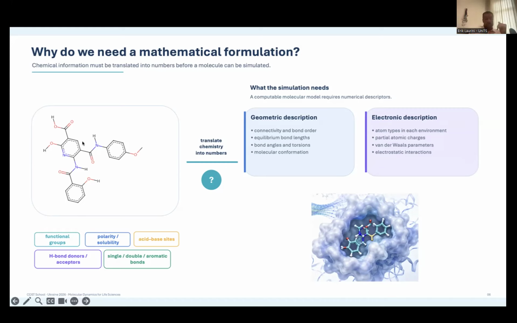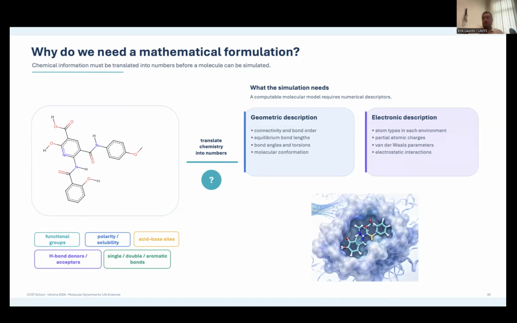You are also able to discern between a single bond and an aromatic or a double bond. And you are able to understand that these aromatic carbon atoms are completely different from these carbon atoms involved in a double bond with oxygen from a chemical and physical point of view.